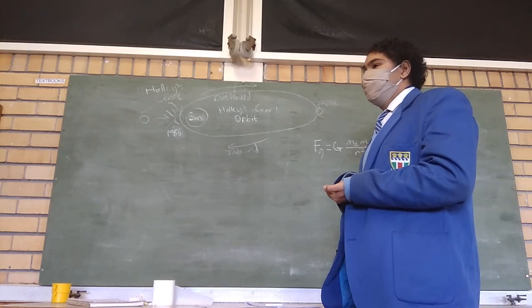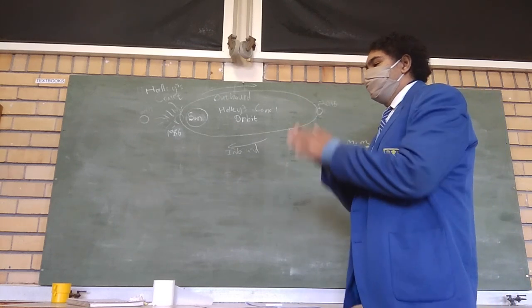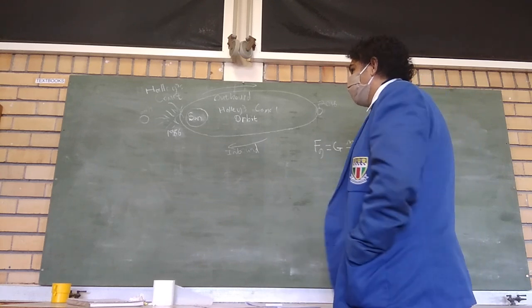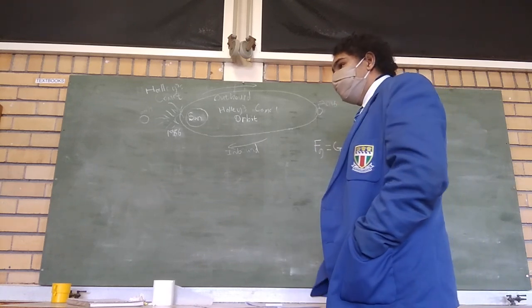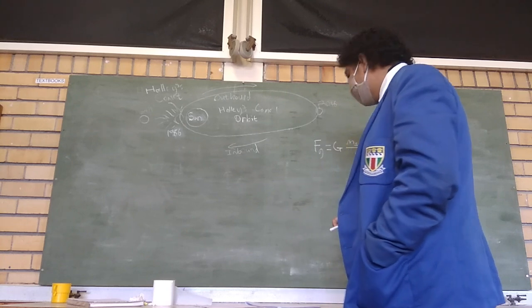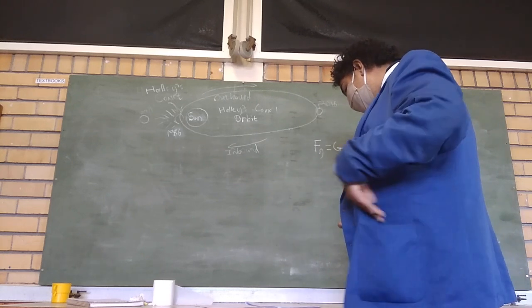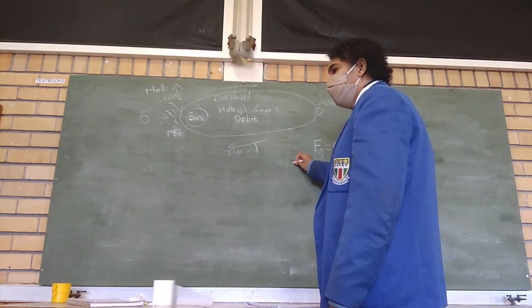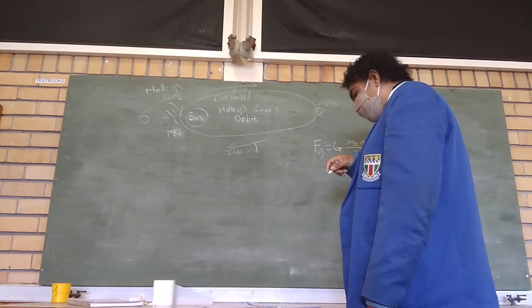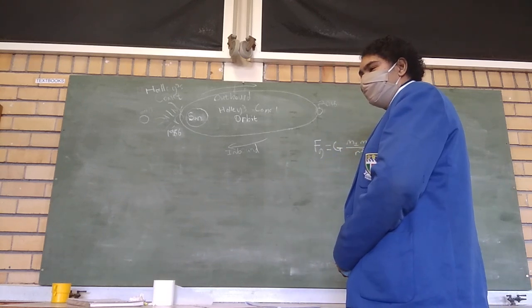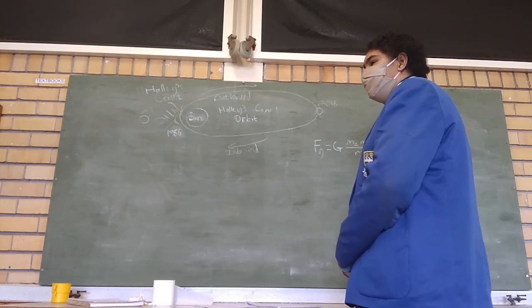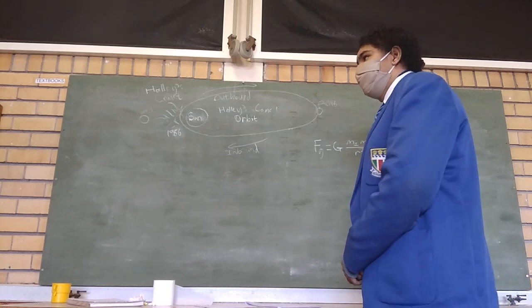So, all of that's got to be in your explanation. Who's got that correct? Who got that it was stronger in 1986? Everyone. What did you guys give for your explanation? I said that in 1986 the comet is closer so the force is stronger.